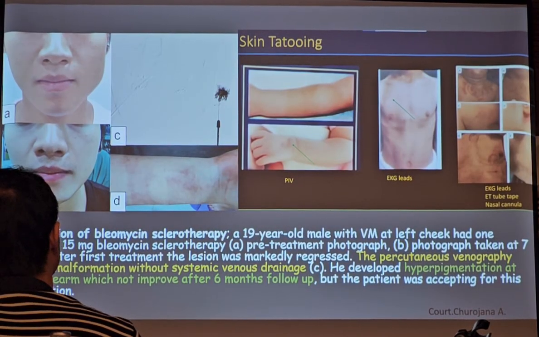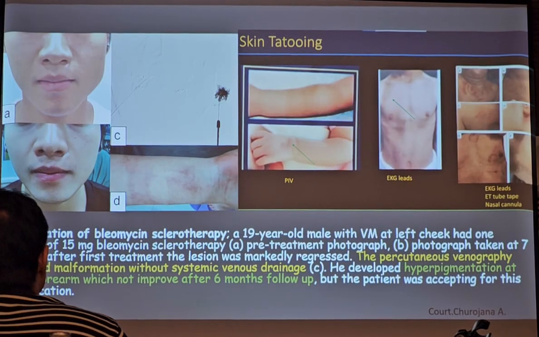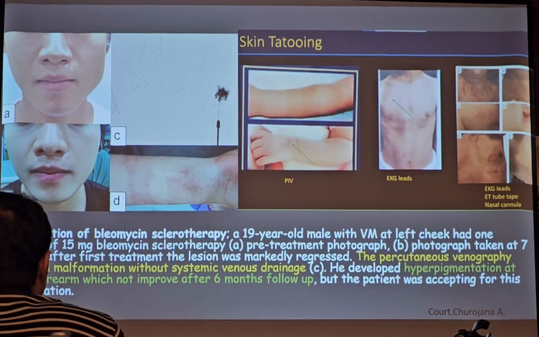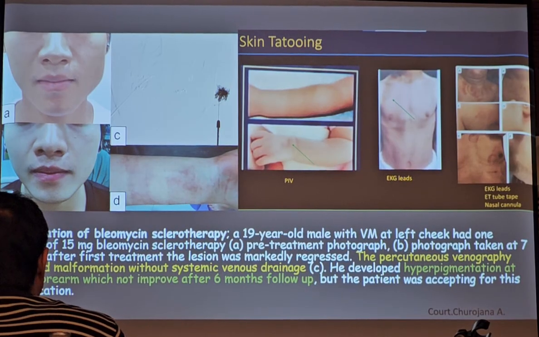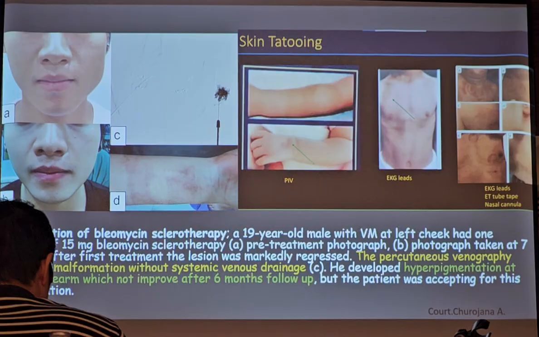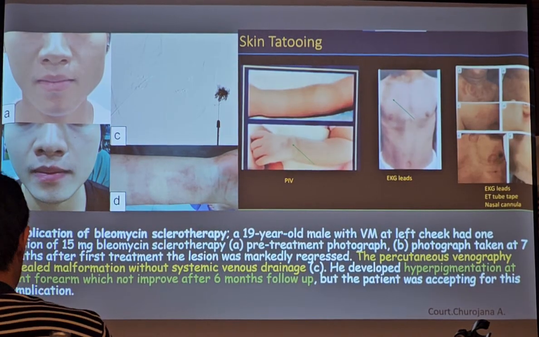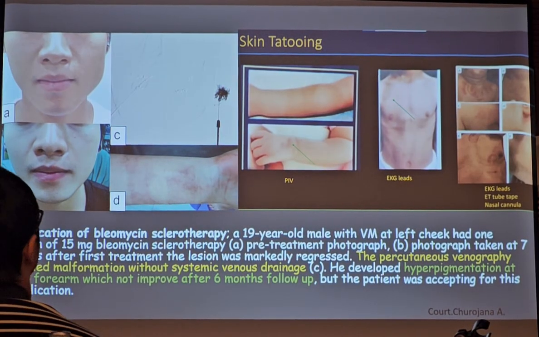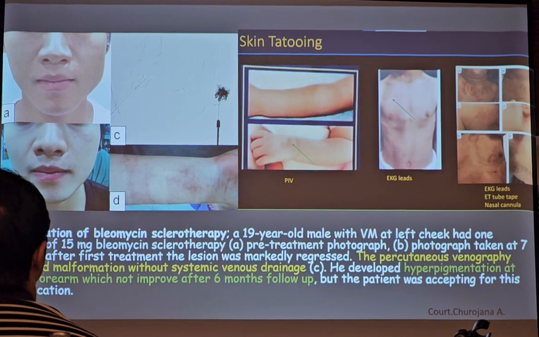Skin tattooing is reported. We have a few cases, and this hyperpigmentation does not necessarily occur at the percutaneous location that we treated. It can happen any place in the body with a tight plaster or rubber band or whatever contact.